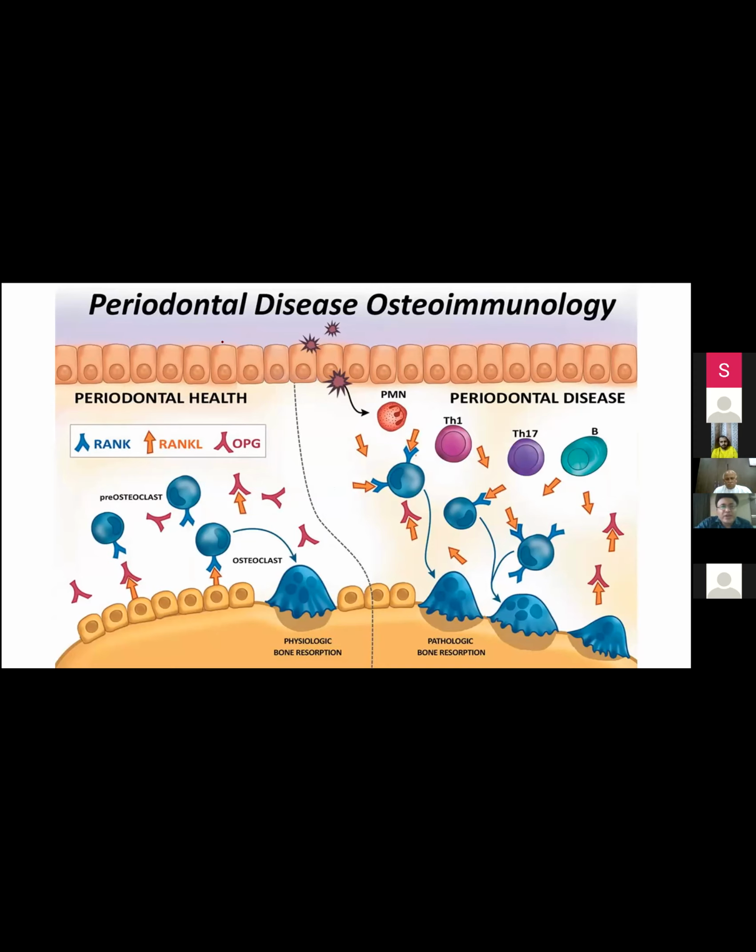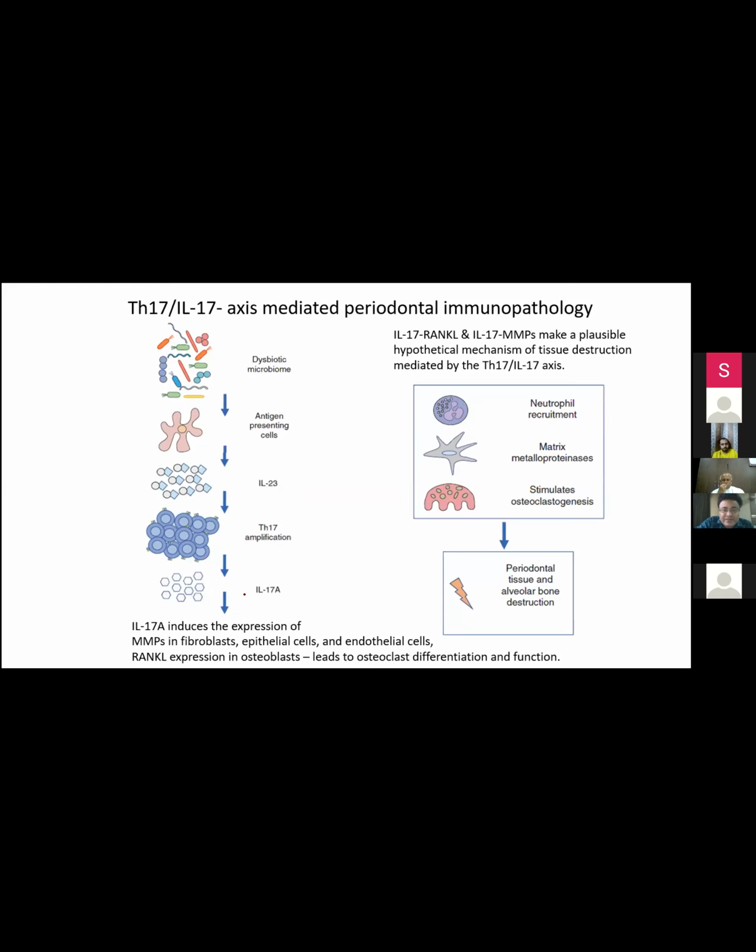Dysbiosis stimulates antigen presenting cells which secrete interleukin 23. That causes an increase in the number of Th17, which causes a further increase in the secretion of interleukin 17. So remember the number 17, Th17 and interleukin 17. This axis is critical.